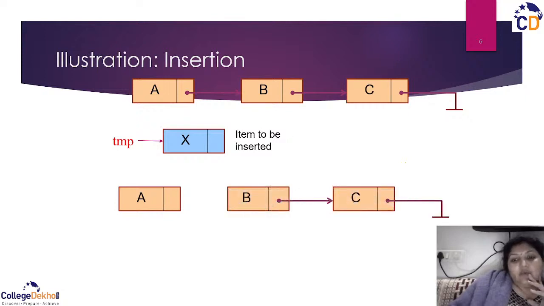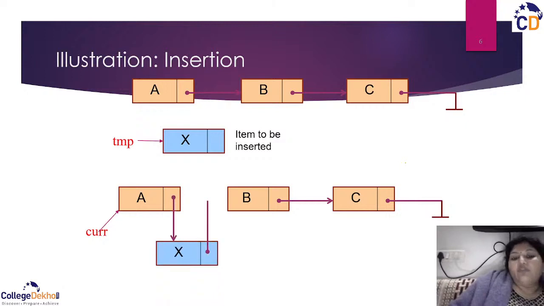Now what we have to do is insert this item between A and B, right? Now we are holding the address of B in the next pointer of A. We have to update the address of X in the node A. So this is our current node.